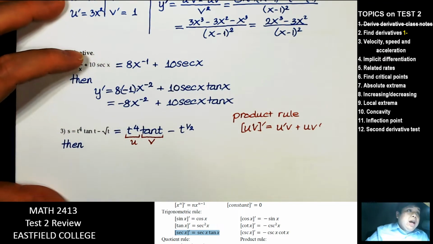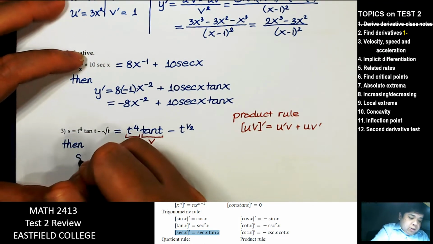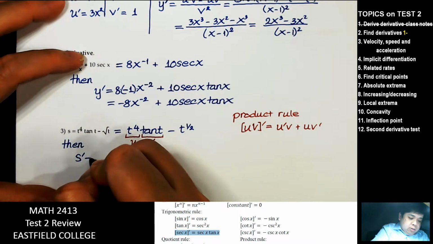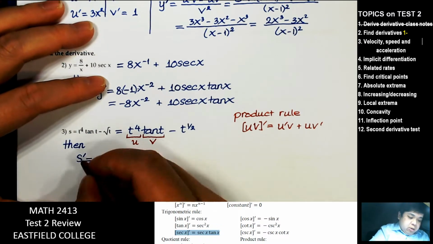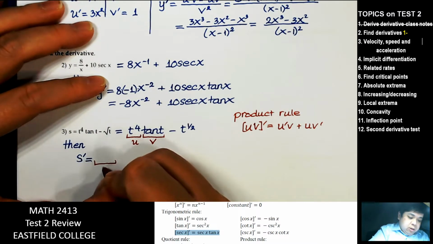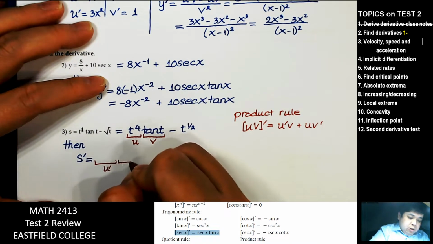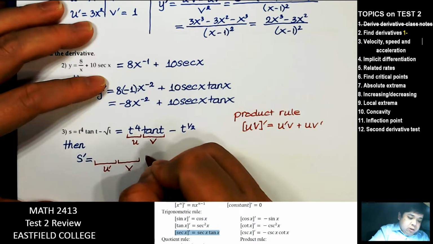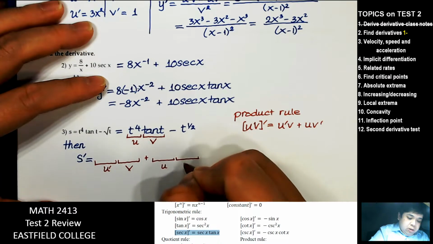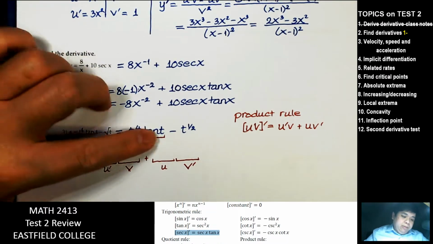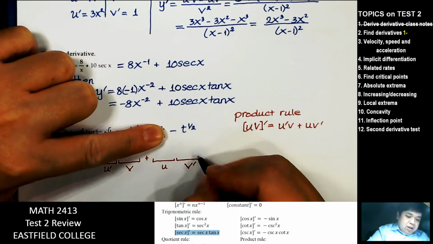So now we take derivative. Since this is a product, we'll have a product rule. Right? And then I have the minus.